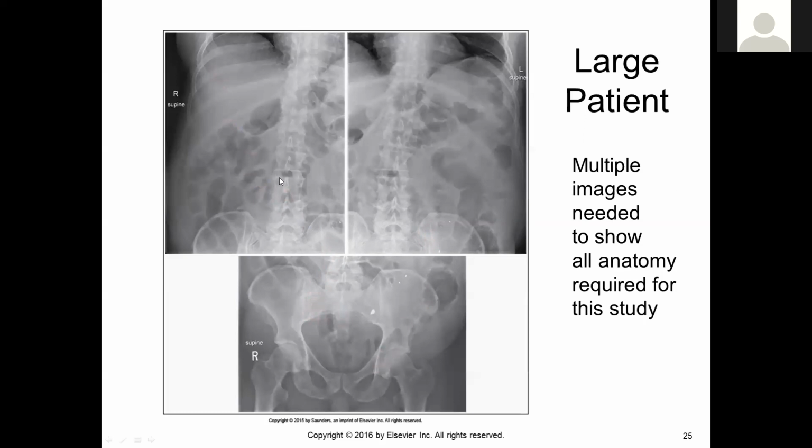Obviously, if this was your second shot, you would need a third because we've clipped off the left anatomy here. So note the difference between the large intestine and the soft tissue beyond that. This is not as important as making sure all of the intestine is visible.